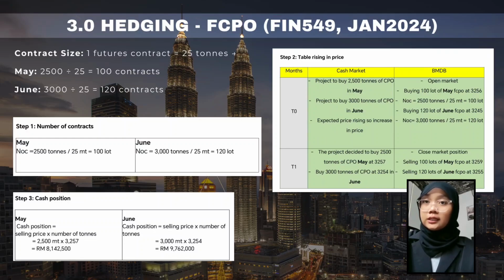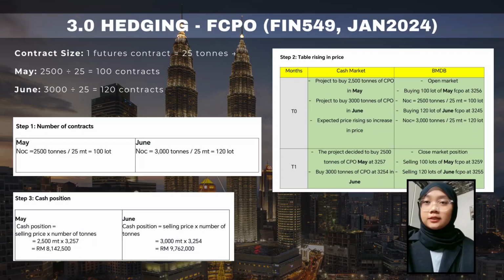And for June, he needs 3,000 tons, and 3,000 tons divided by 25 equals 120 contracts. So to hedge both months, Ahmad buys 100 May contracts and 120 June contracts in advance.